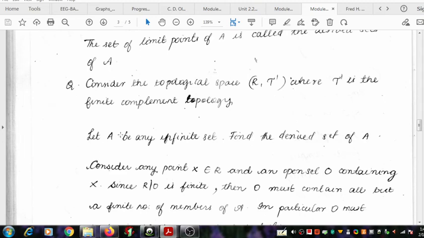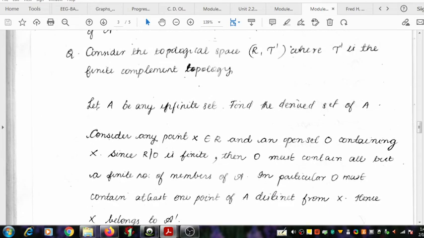Then we now try to answer a question. Consider the topological space (R, tau prime), where tau prime is the finite complement topology.